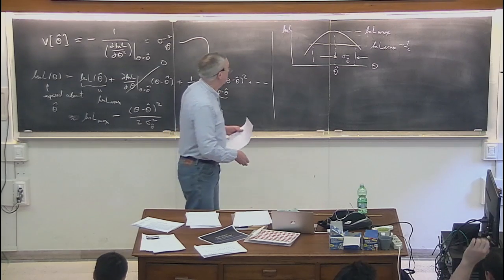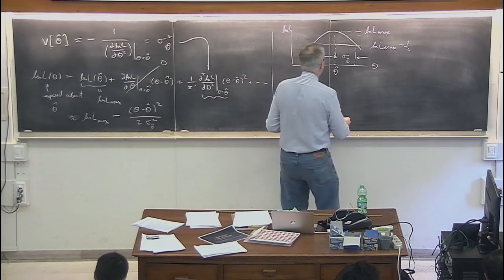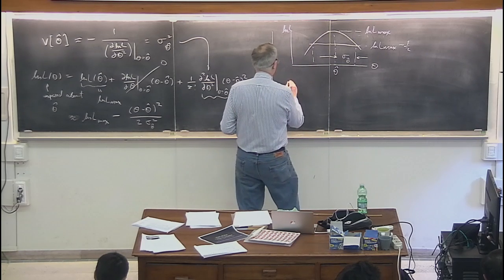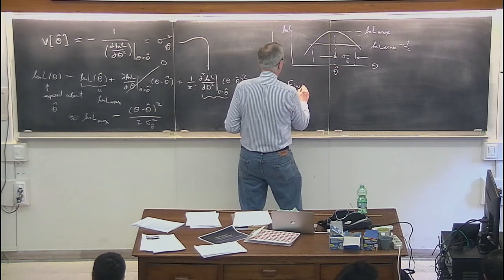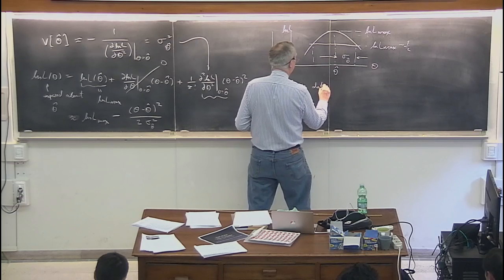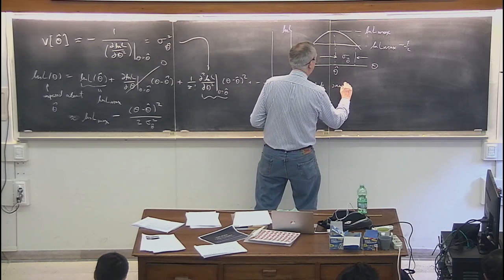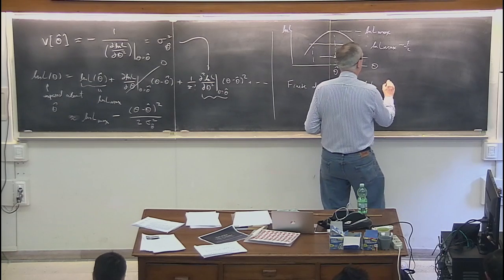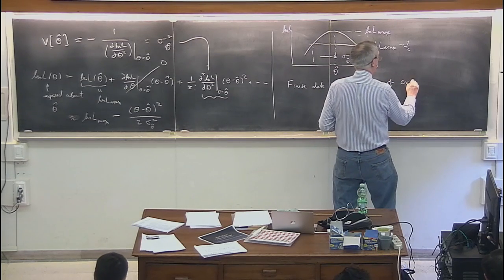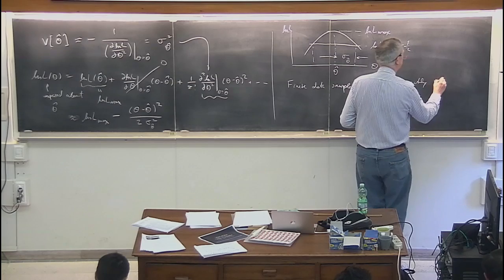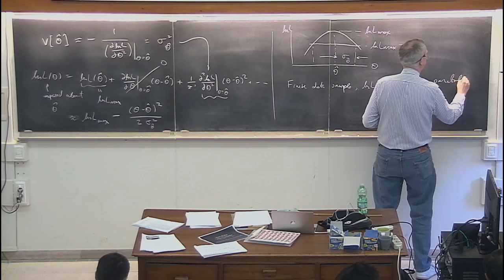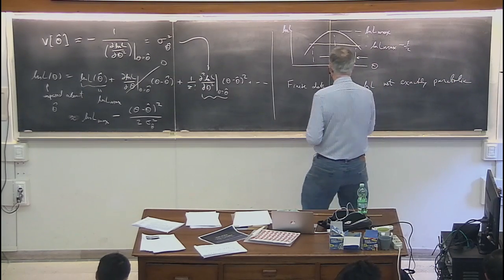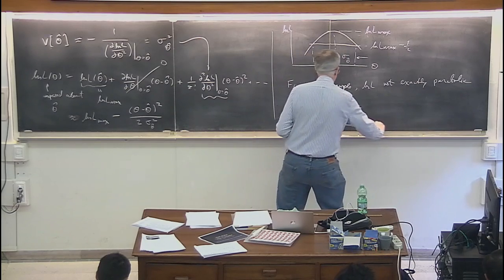What we'll find in general is that for a finite data sample, log L is not exactly parabolic. And so you could find a situation that I'll draw in sort of an exaggerated way.